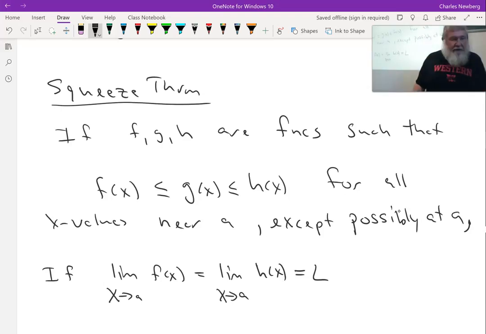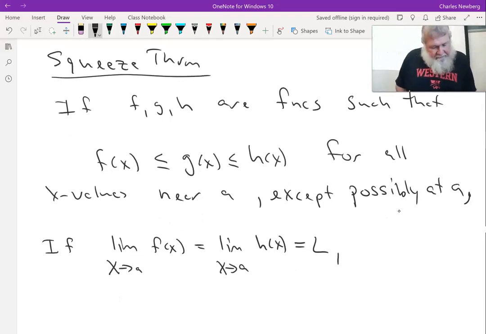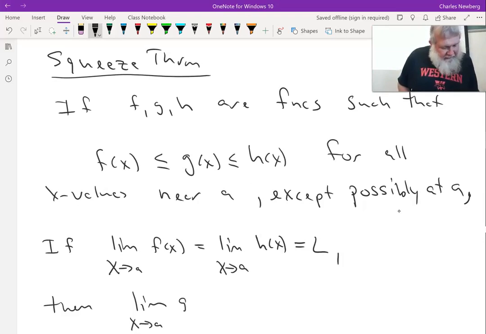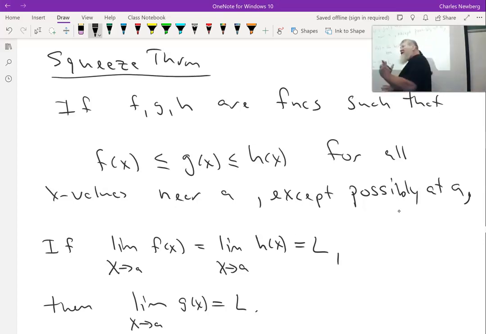And that's what the squeeze theorem says. Then the limit as x approaches a of g of x equals L. So if you can find two functions that one's below and one's above and they all go to the same spot, the middle one has to go there as well.